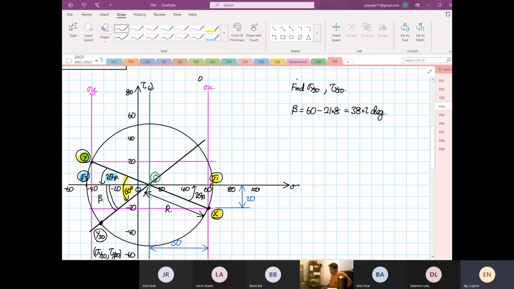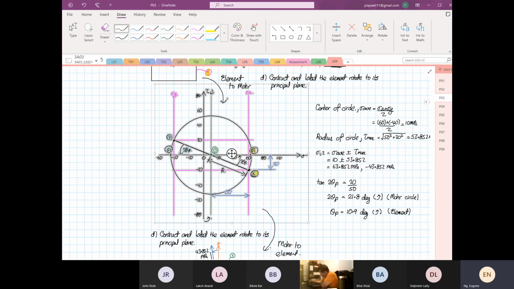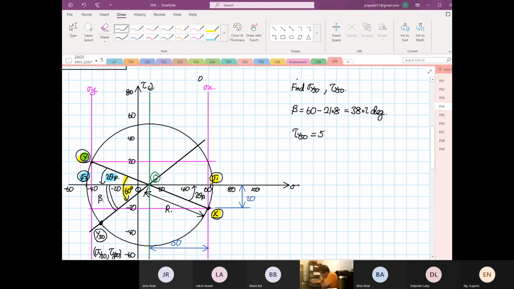My advice is always find your shear Y30 first, and later you'll see why. The radius we found out previously is 53.852. Then it is going to be 53.852 sine of 38.2.